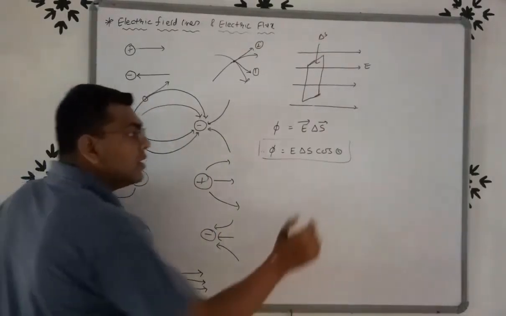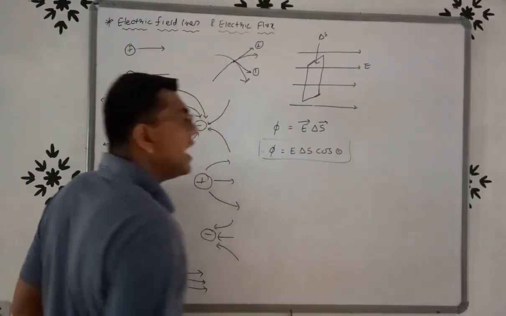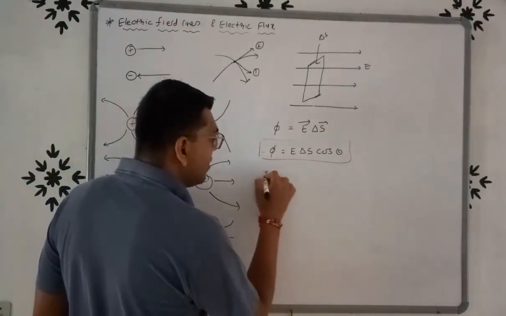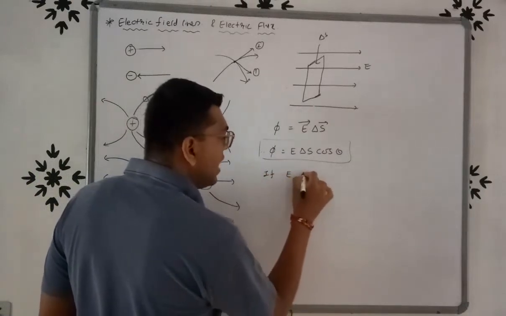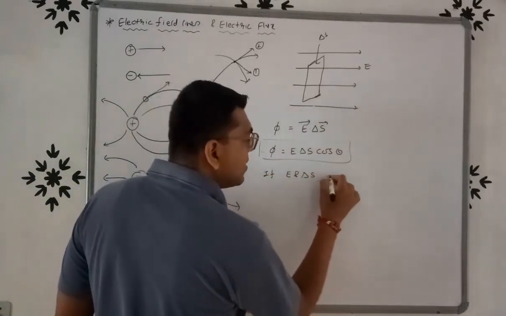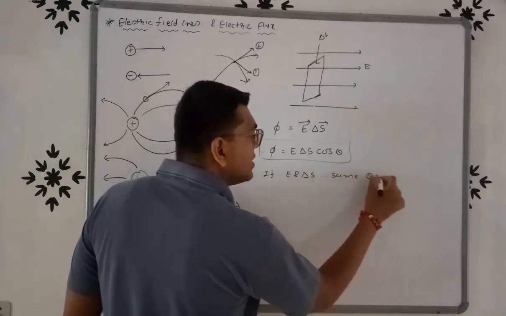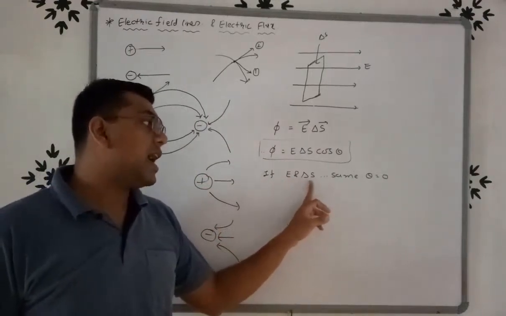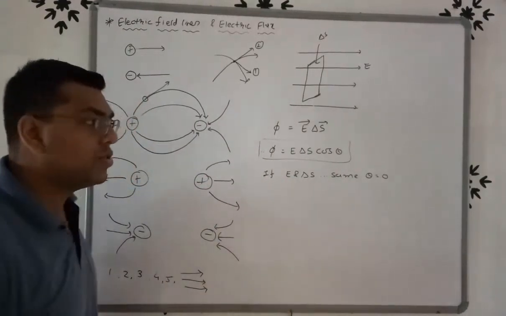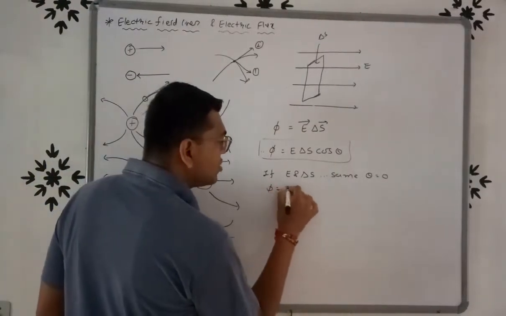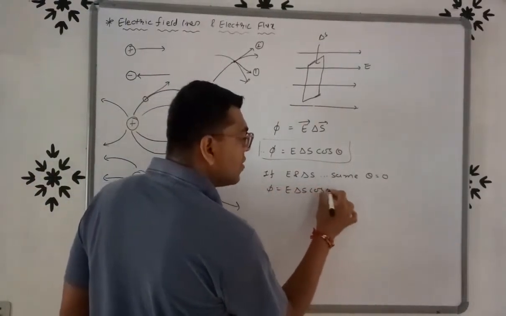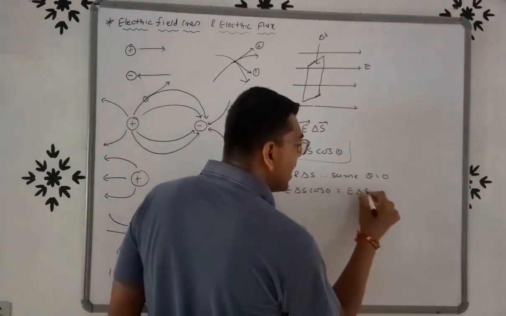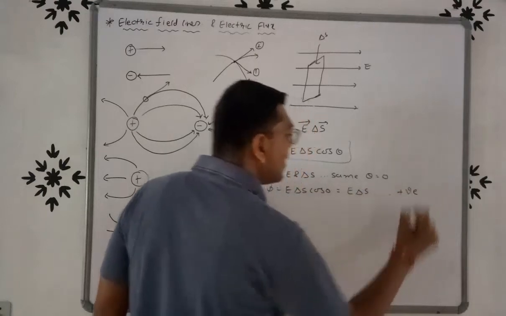Now, this theta is the angle between E and delta S. So if the direction of E and delta S are the same, then theta is equal to 0. So flux phi is equal to E delta S cos 0. The value of cos 0 is 1. So we will get phi is equal to E delta S. So we can say that this flux is positive.